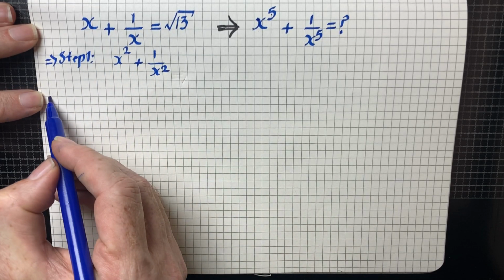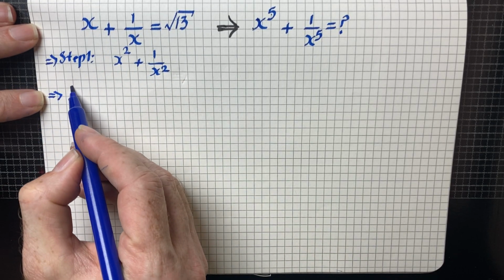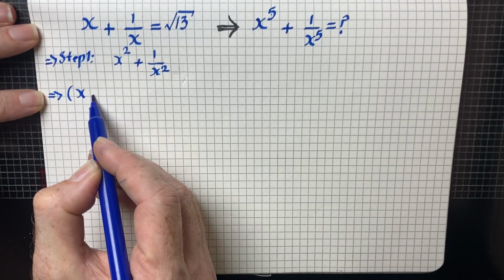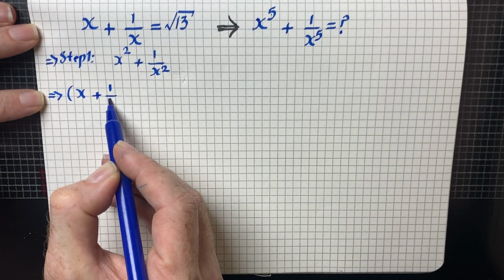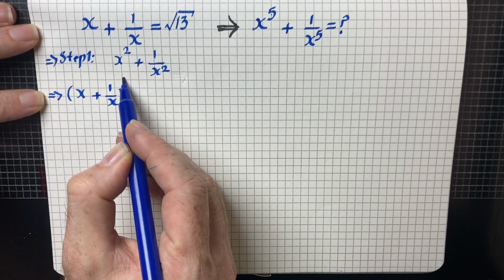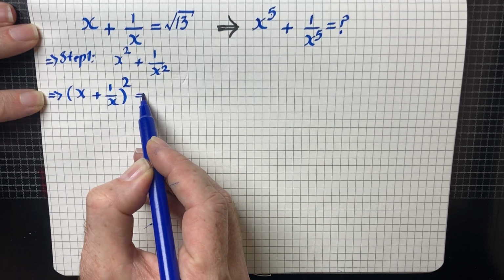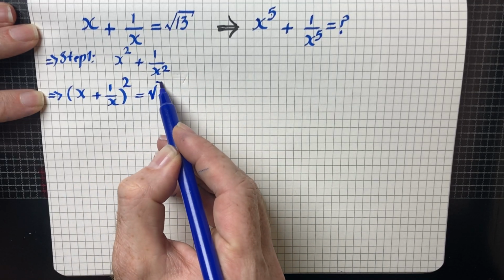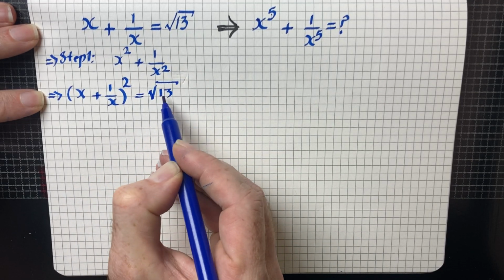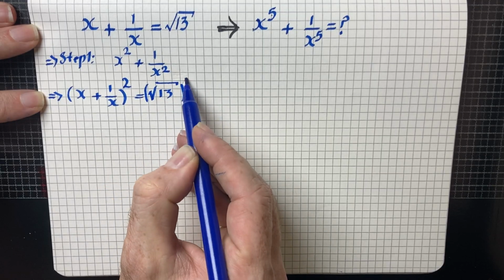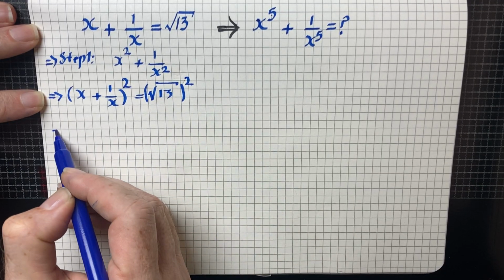So it is going to be left hand side, x plus 1 over x raised to the power of 2, equals right hand side, square root of 13 raised to the power of 2.